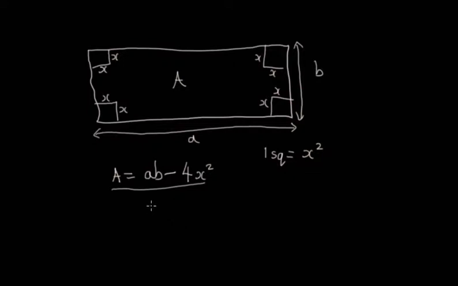The sides are now folded up to make a rectangular tray. Find the volume.